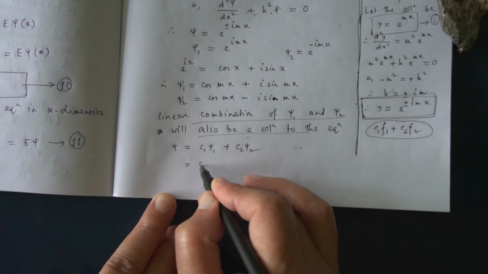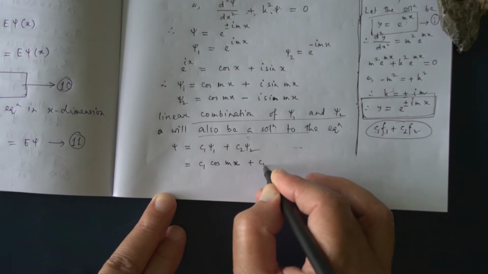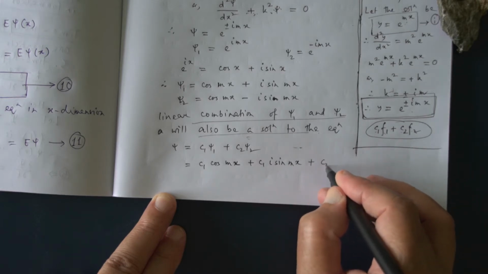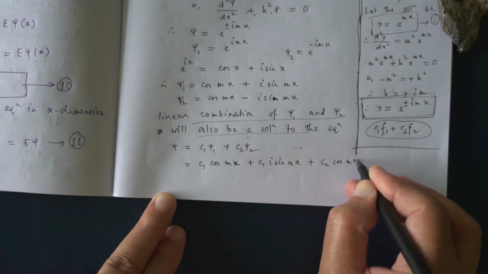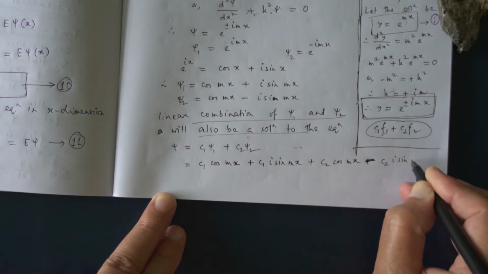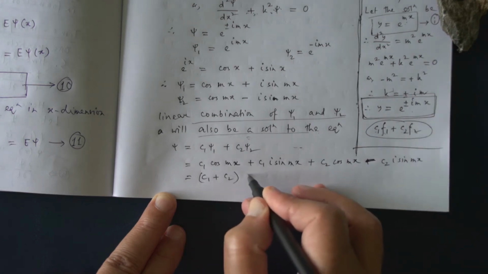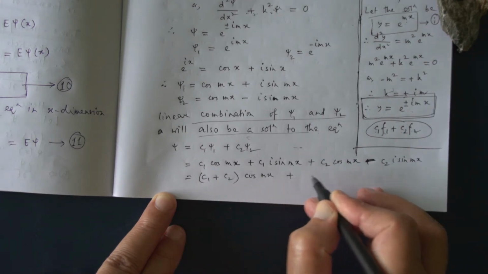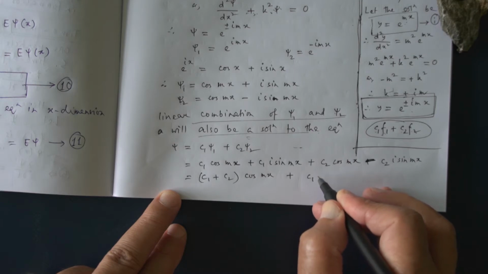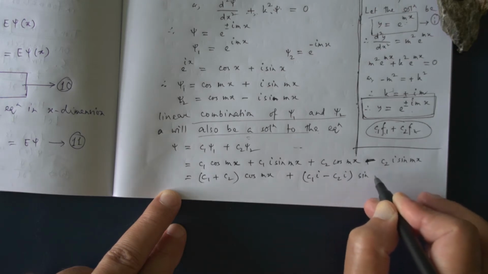So C1 cos mx plus C1 i sin mx plus C2 cos mx minus C2 i sin mx, or I can write it like this: C1 plus C2 times cos mx plus C1 i minus C2 i times sin mx.